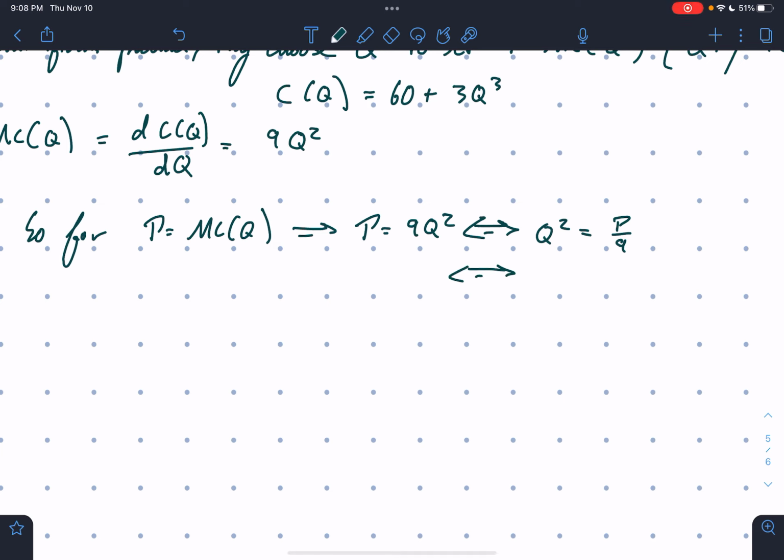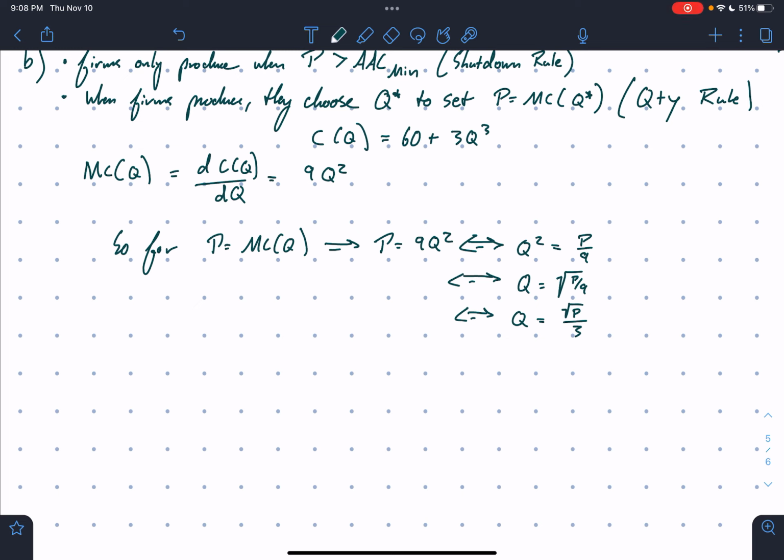In other words, if we take the square root of both sides, we get Q is equal to the square root of P over 9. In other words, Q is equal to root P over 3. Okay, so this is when the firm wants to produce. This is the profit maximizing output.